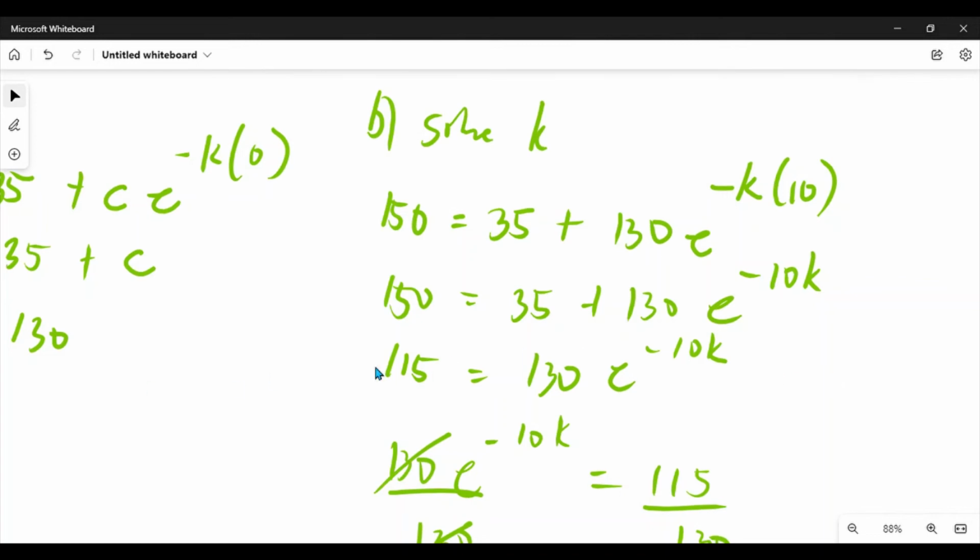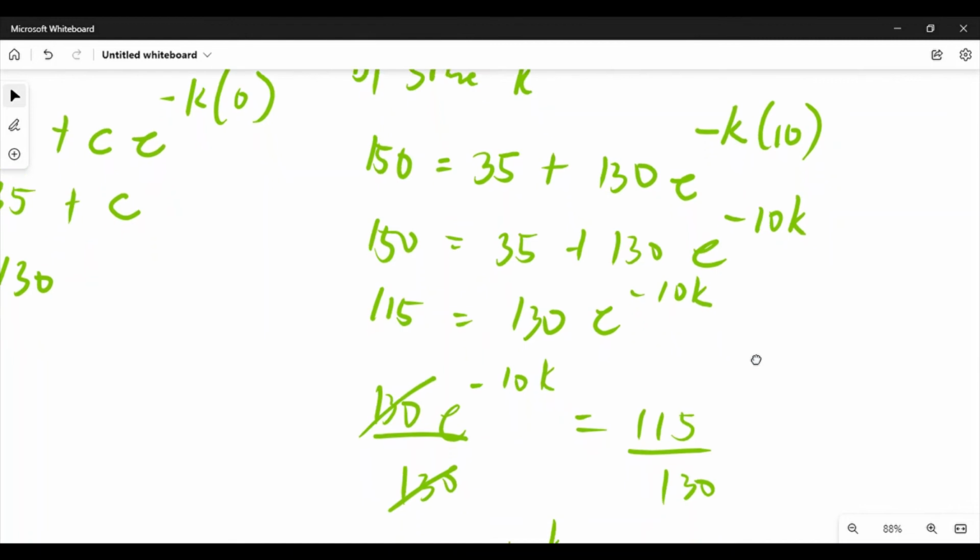Then you have 150 minus 35, that's 115, and this is equal to 130 e raised to negative 10k.